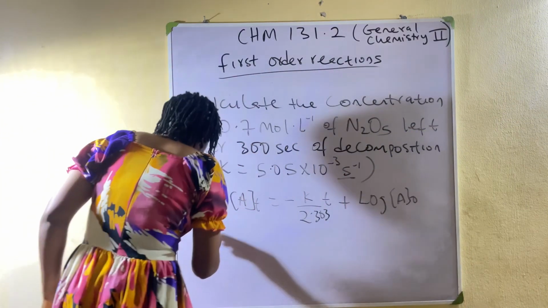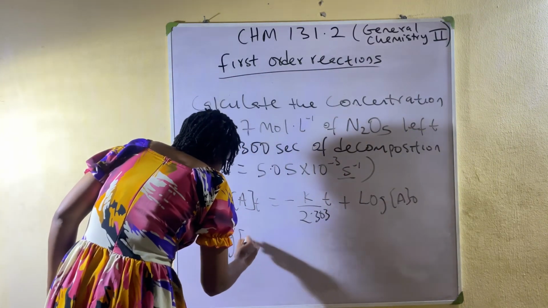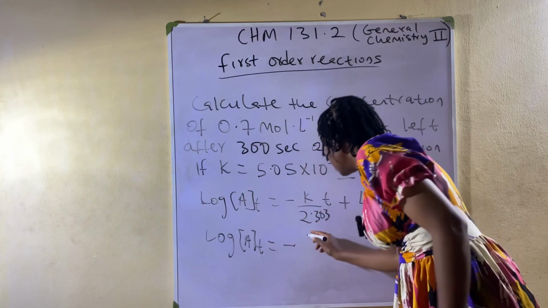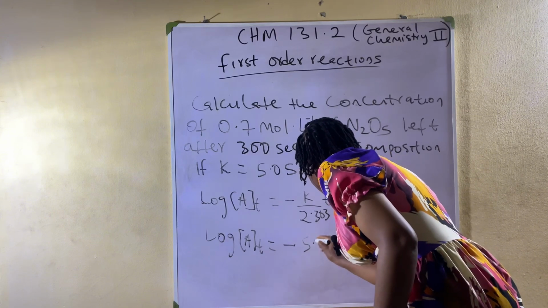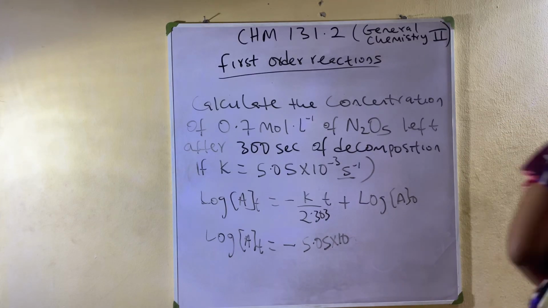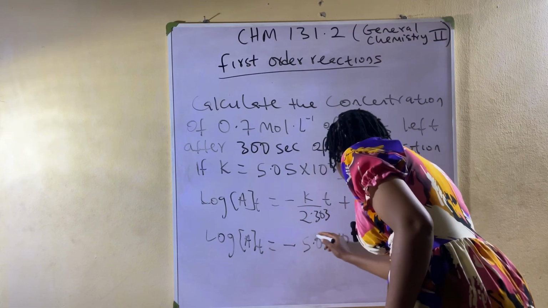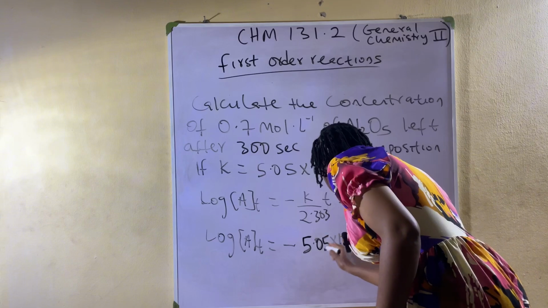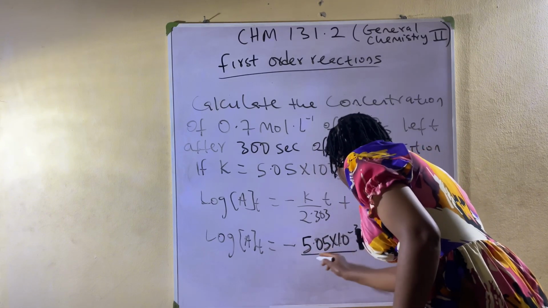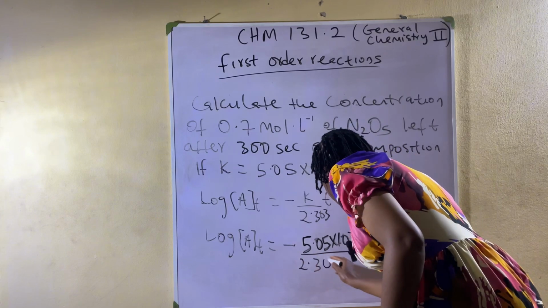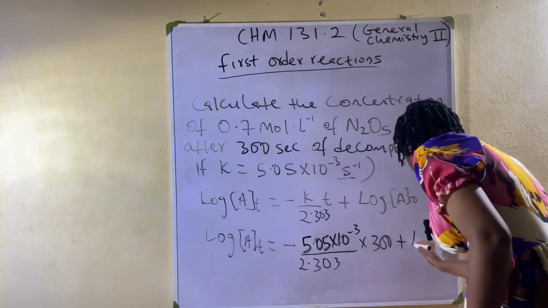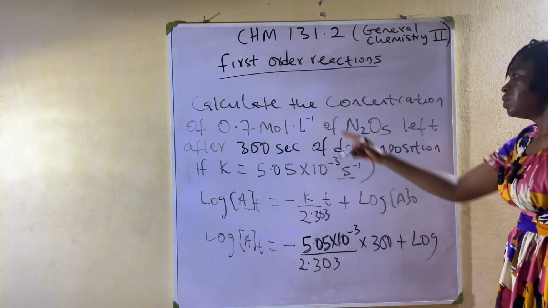So, minus, what's our K? It is given: 5.05 times 10 raised to the power minus 3, divided by 2.303, times 300, plus log 0.7.